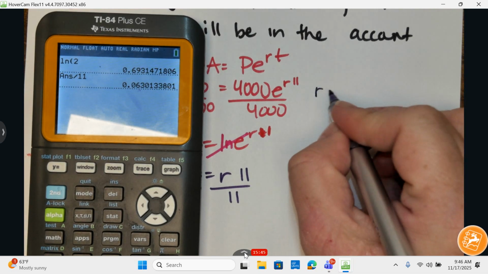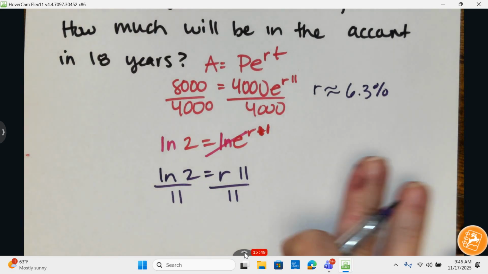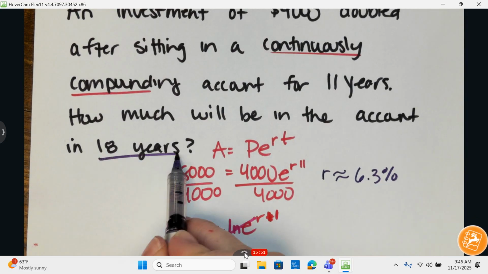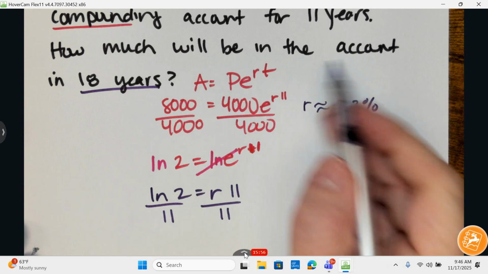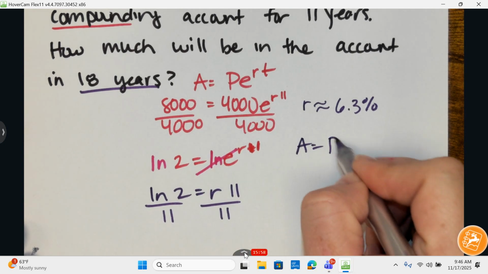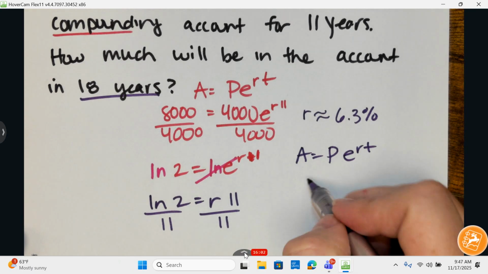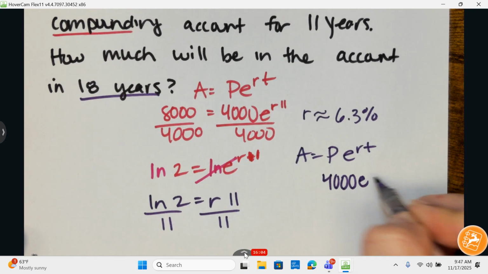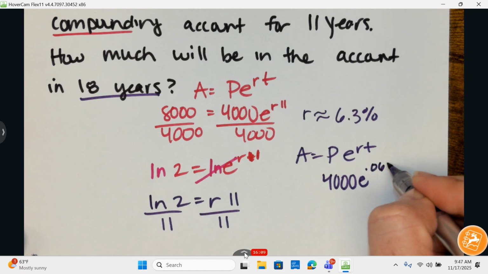I think a lot of students will think they have achieved the correct answer and stop right now. The question says how much will be in the account after 18 years. So I'm going to go back here, and I'm going to set this up. I have A equals P e to the rt. We know the initial amount is 4,000. We know the rate is 6.3%, but as a decimal, it's 0.063.